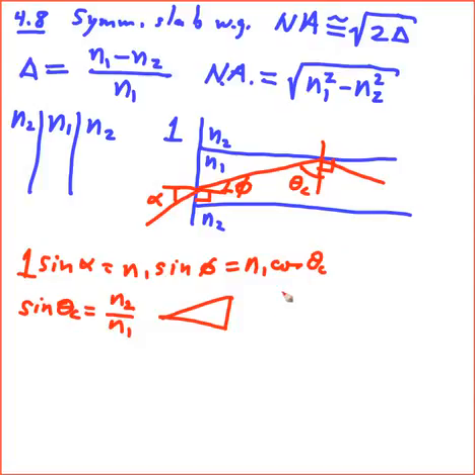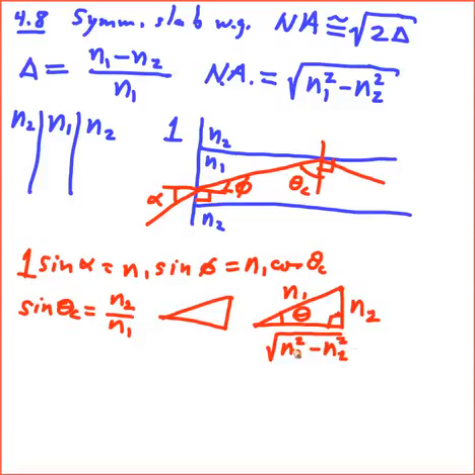Here's a better right triangle, where I have theta on it here. If the sine of theta is n2 over n1, that's the opposite over the hypotenuse. And so by the Pythagorean theorem, this is the square root of n1 squared minus n2 squared.